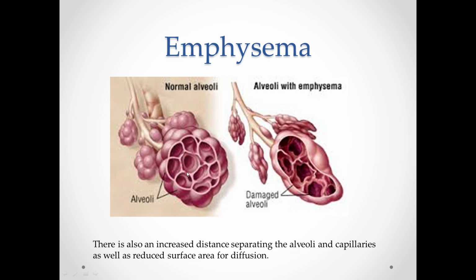And so in the normal alveoli, you can see that there's some very nice architecture of each individual alveolar structure, such that each alveoli has a very patent and defined discrete air space, and they're separated from each other by pores of Kohn, which allows communication between alveoli.